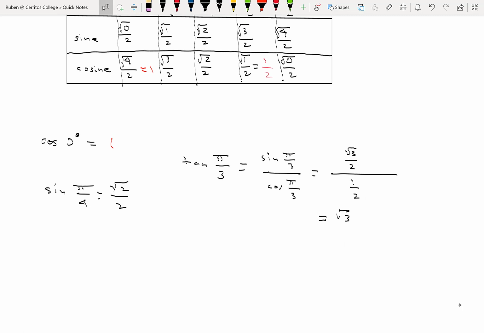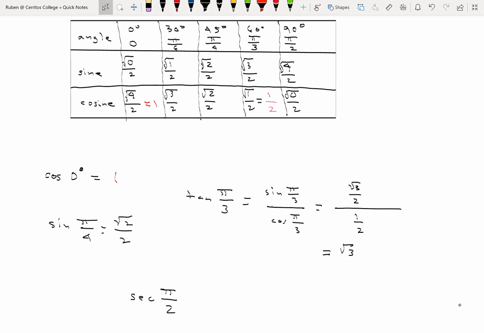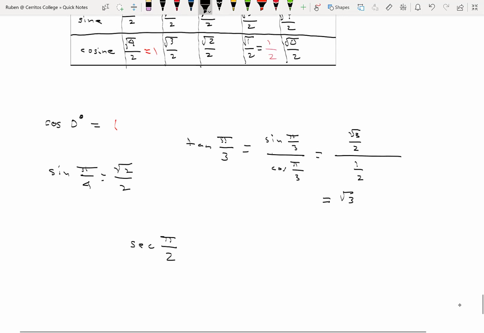Okay, so suppose I want another one. Suppose I want something like the secant of pi over 2. Secant's not on there, only sine and cosine are on the chart. So we remember that secant is 1 over the cosine. The fundamental identities, absolutely important, absolutely essential to memorize.